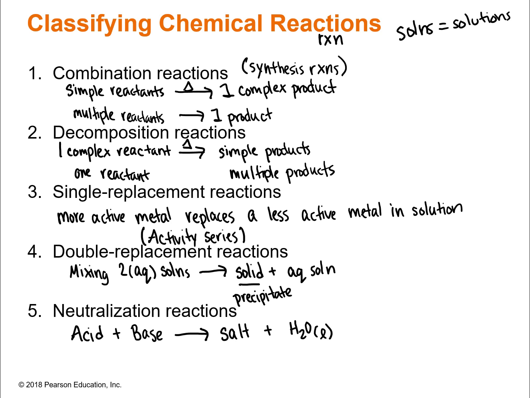So neutralization reactions, we've got an acid plus a base, and you make a salt plus water. What a salt is, we're talking about ionic compounds. So a ternary ionic compound or a binary ionic compound. That's what we're talking about there.